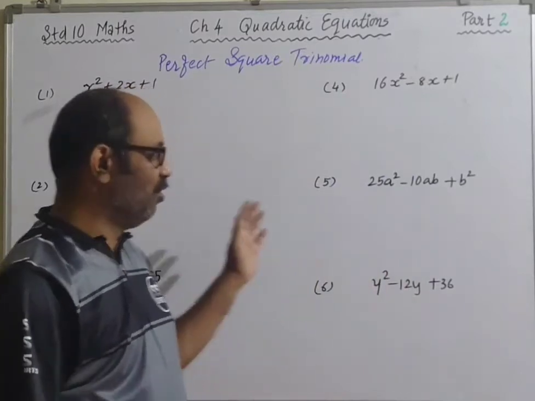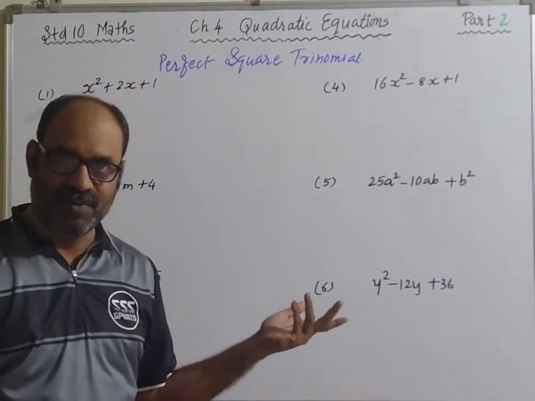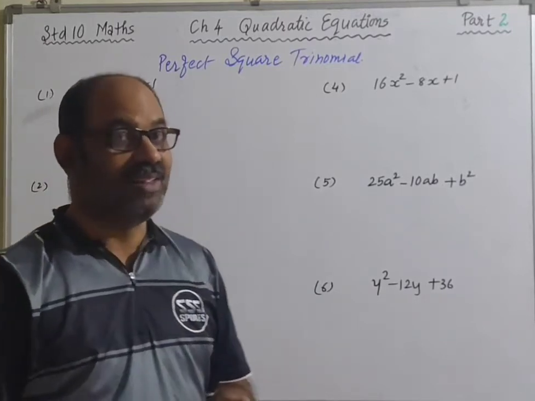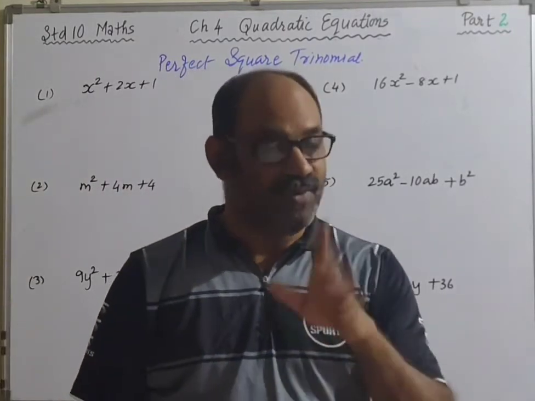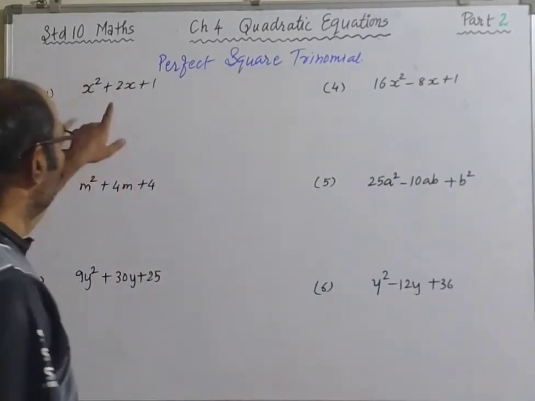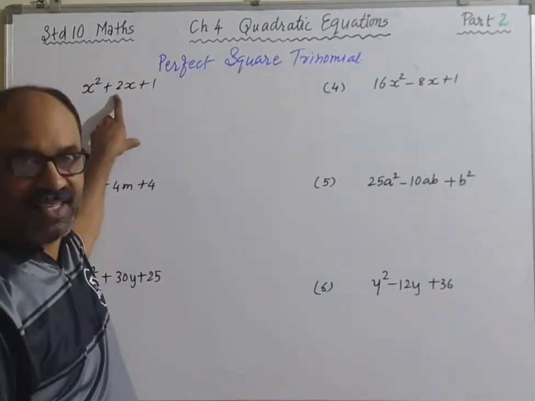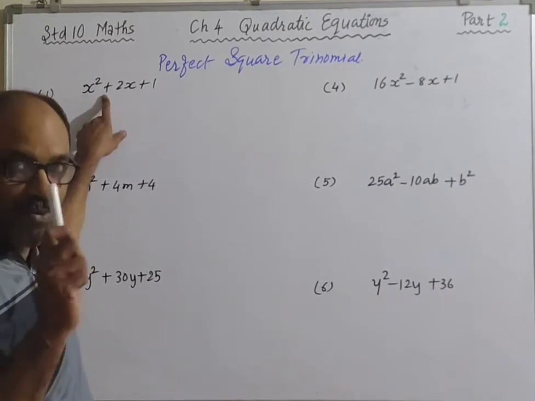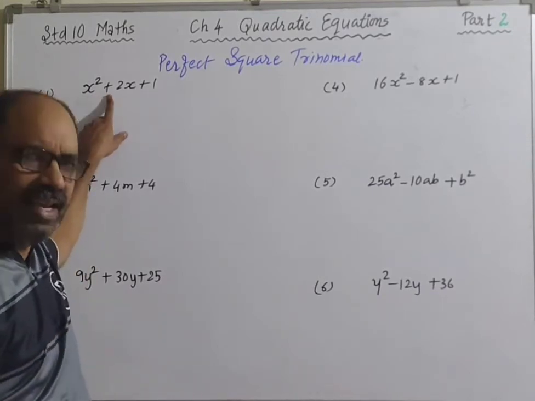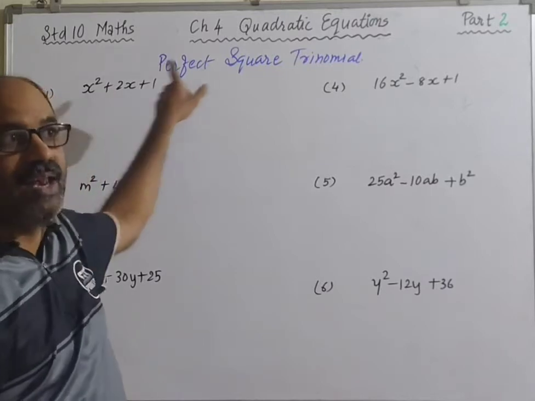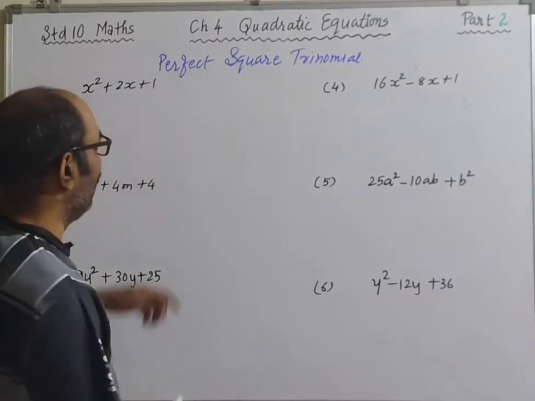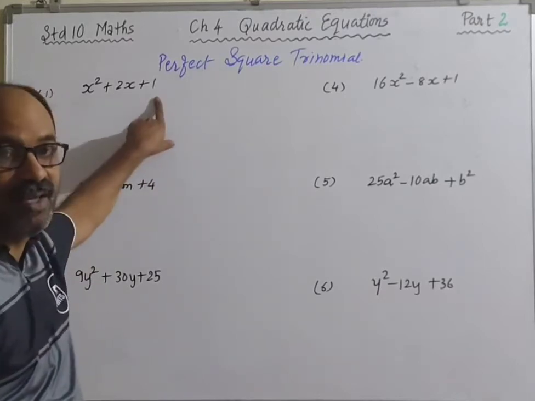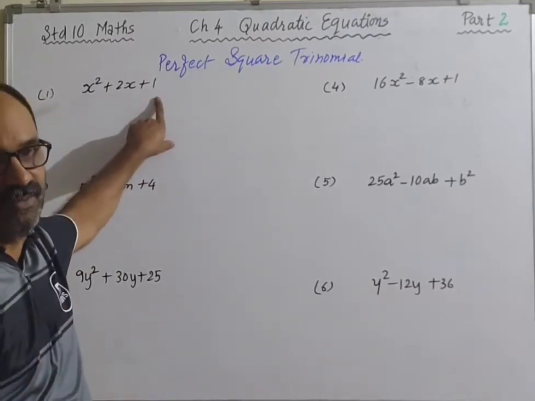So here are some trinomials. 6 trinomials I have given to you. Alright? Now how will you check whether they are perfect square or not? Very interesting. You choose the values of x. If you want to know whether this is a perfect square trinomial or not, one method is to choose any value of x so that the value of the polynomial is positive.